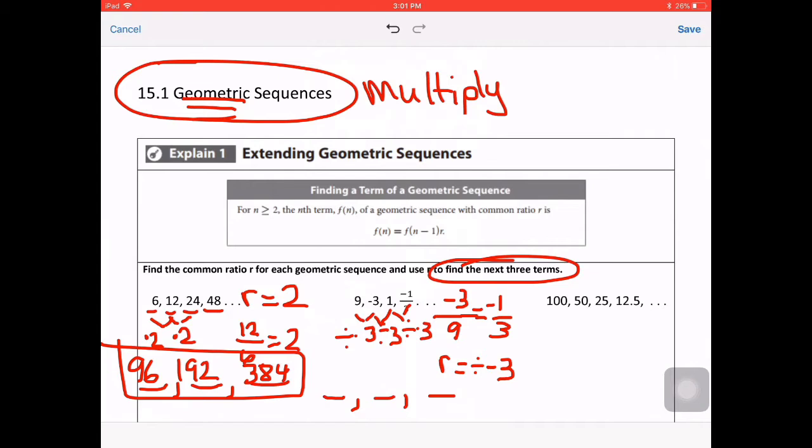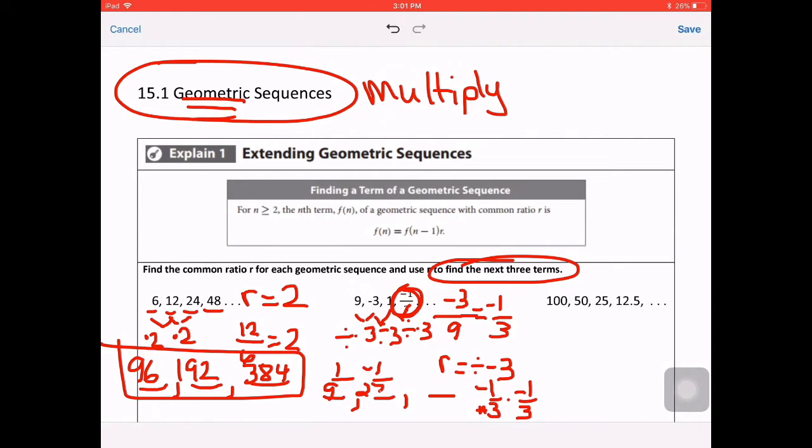We had -1/3, so we will now multiply that by another -1/3. So that would give us -1 times -1, which is 1 on top, and then 3 times 3, which is 9 on the bottom. So the next number in the series would be 1/9. Once we have the 1/9, we will continue with that pattern, multiplying it by another -1/3.